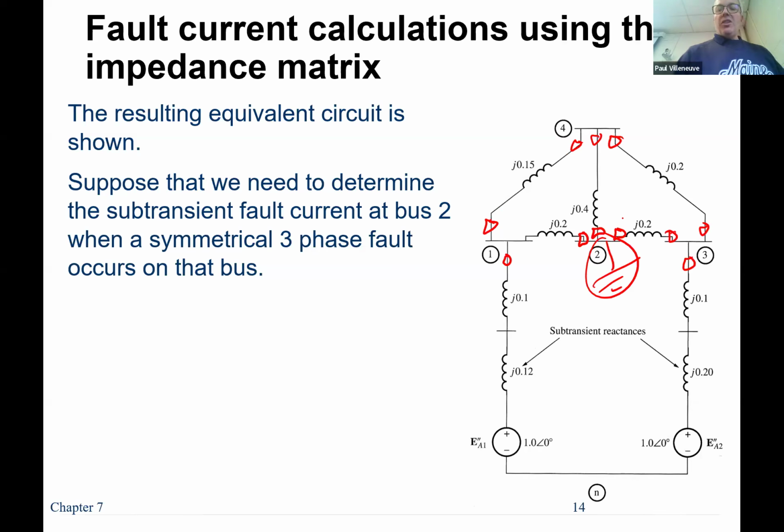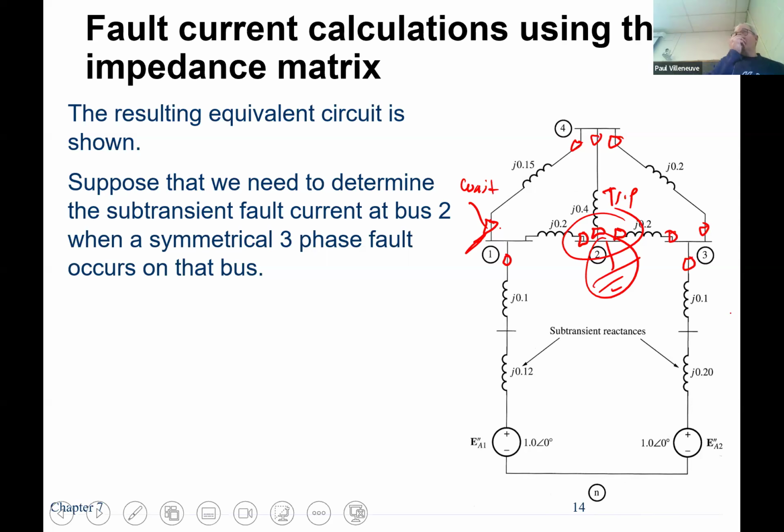So if the fault occurs here, these three had better trip first, right? All these other ones had better wait. I don't want this breaker to trip before those other three breakers do. Anybody have an issue with me tripping that breaker? What's the problem if this breaker opens?